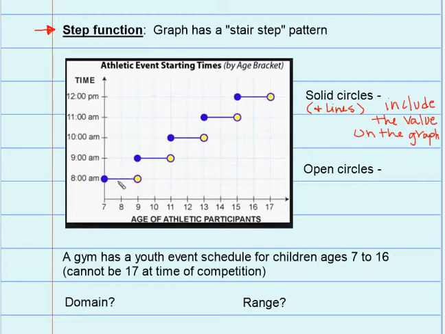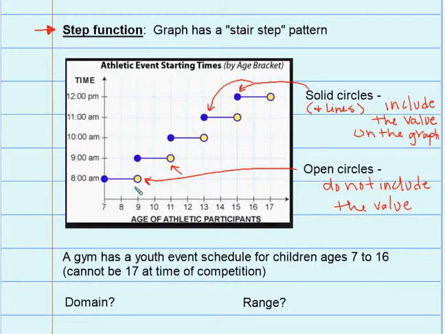And it continues that if you are up to 8 and up to 9. Now, 9 is an open circle. Okay, let me do this for you. Open circles. And the solid circles would be like these as examples. Open circles do not include the value.